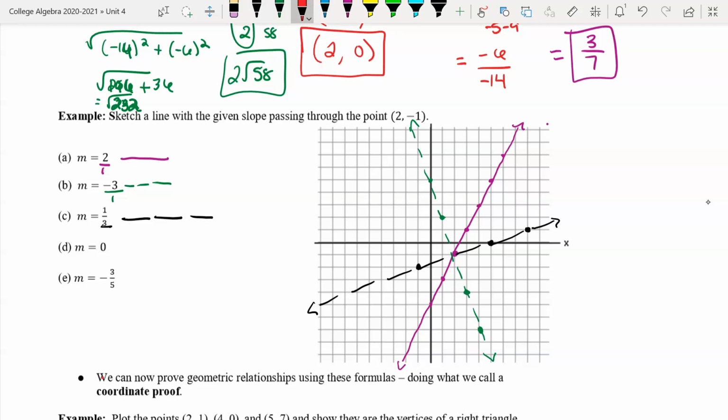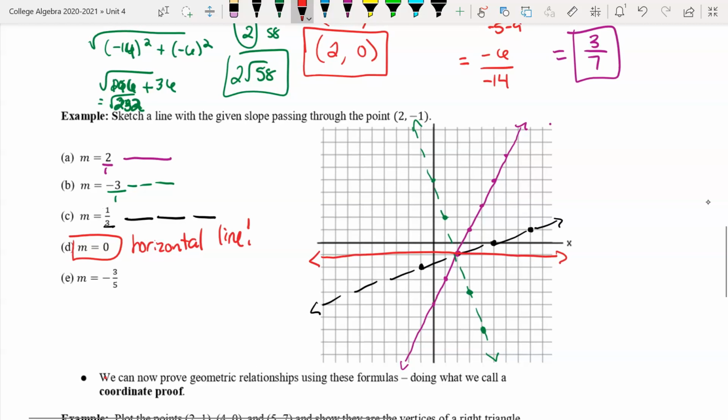If you ever see a slope of 0, this is a special line. This is a horizontal line. So that means I just go through the point as a horizontal line. Lastly, you got -3/5, so I just go from the point. What I like to do is go down 3 and right 5. 1, 2, 3, 1, 2, 3, 4, 5.